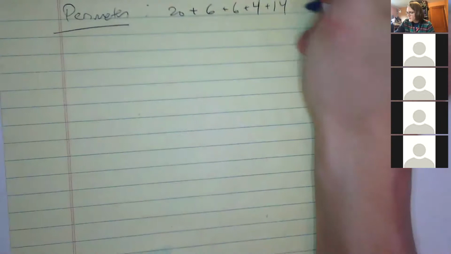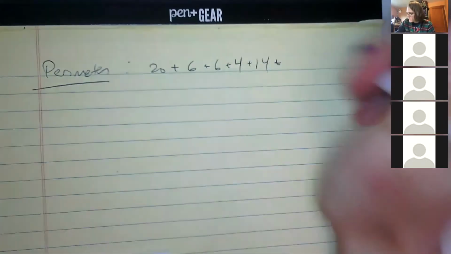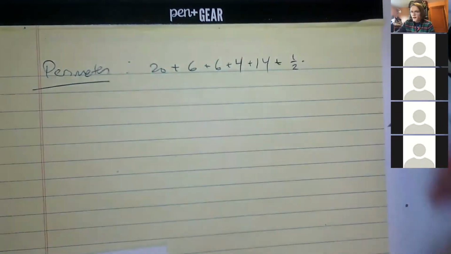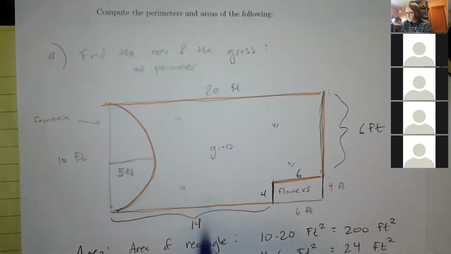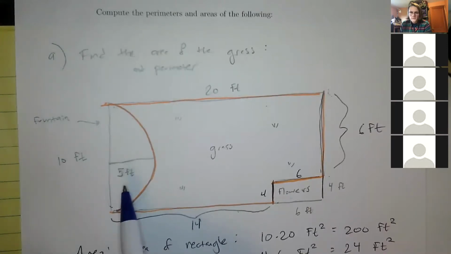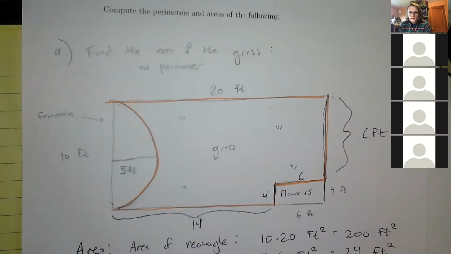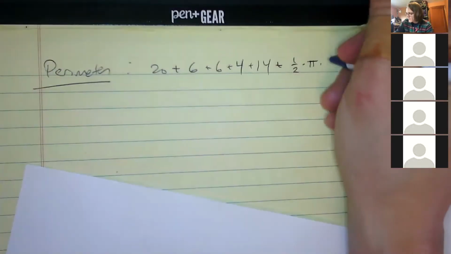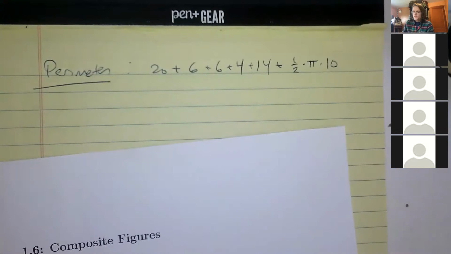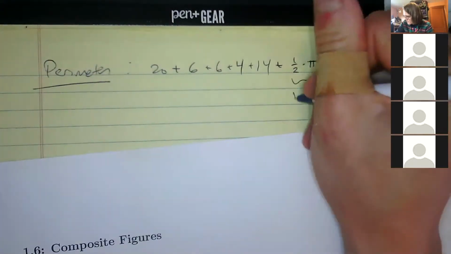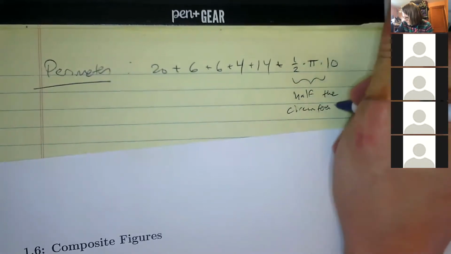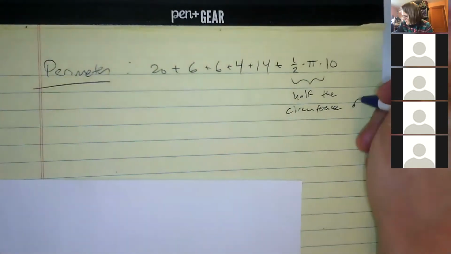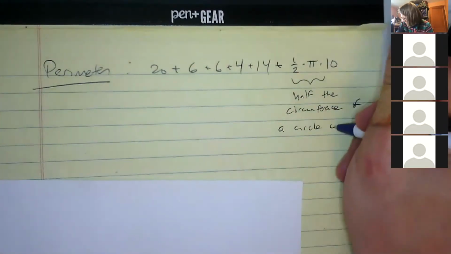When I write it down on my list, it's going to be plus 1/2 times pi times d, and the r is 5. So what is d? 10. Yep. It's just 2 times r. So that's half the circumference of a circle with radius 5.